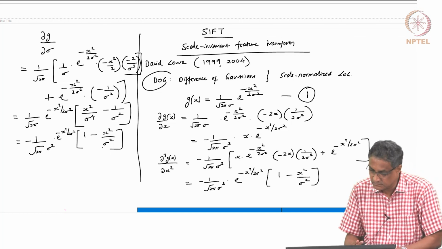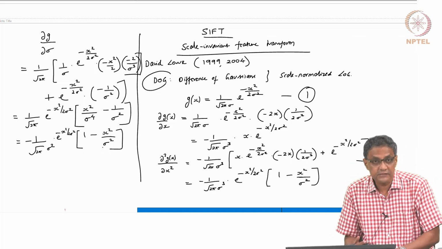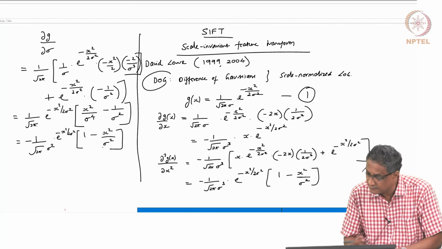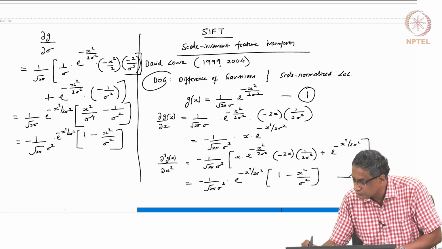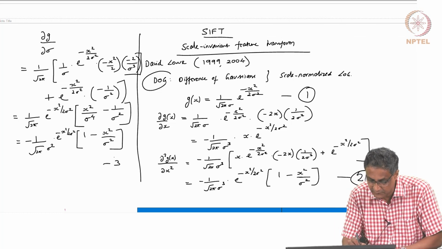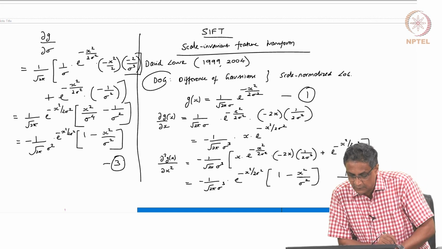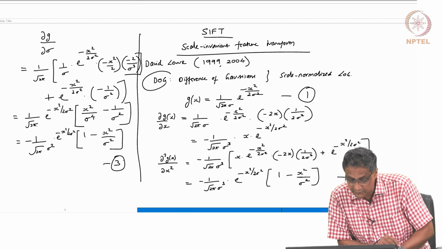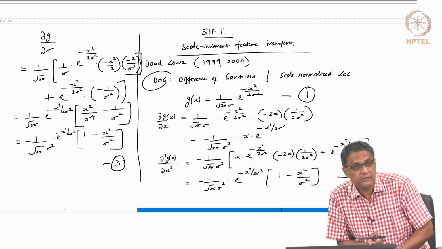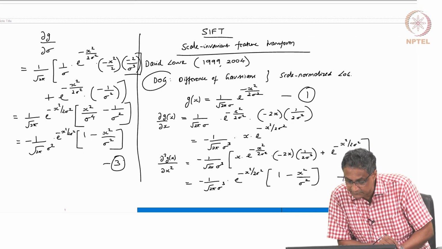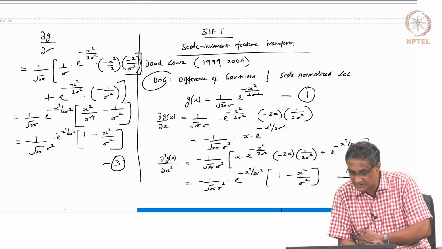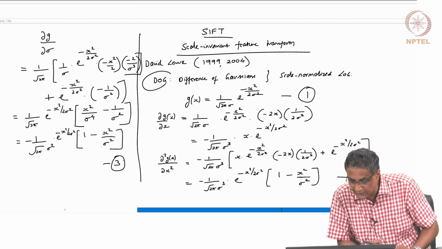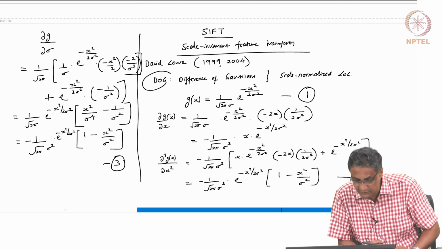Now it's interesting, right? If you compare, let's say we call this expression number 2 and this expression number 3, then you see that the second derivative, dou square g by dou x square, has a similar form, except that you need a sigma to multiply dou square g by dou x square.